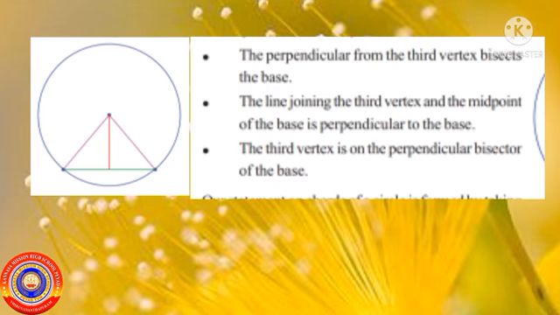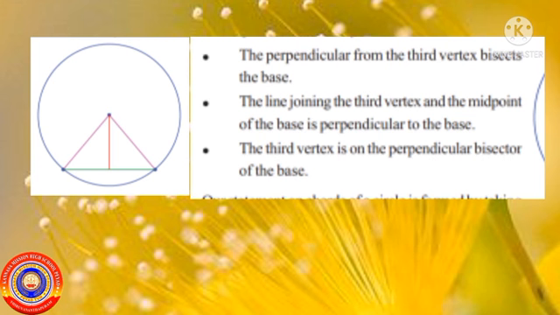So children, you have studied in class 8 that the relations between the base and the third vertex of an isosceles triangle can be put in different ways. The first one is the perpendicular from the third vertex bisects the base. Then, the line joining the third vertex and the midpoint of the base is perpendicular to the base. And the third one, the third vertex is on the perpendicular bisector of the base.